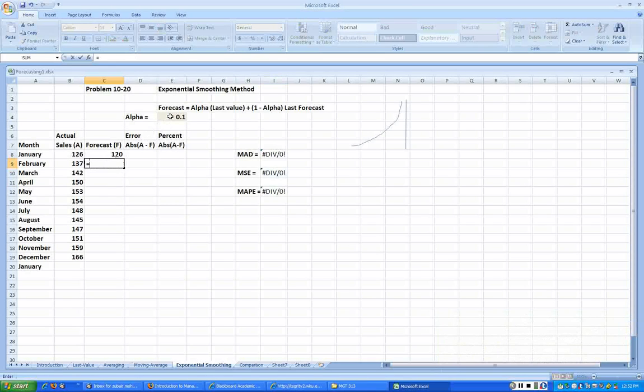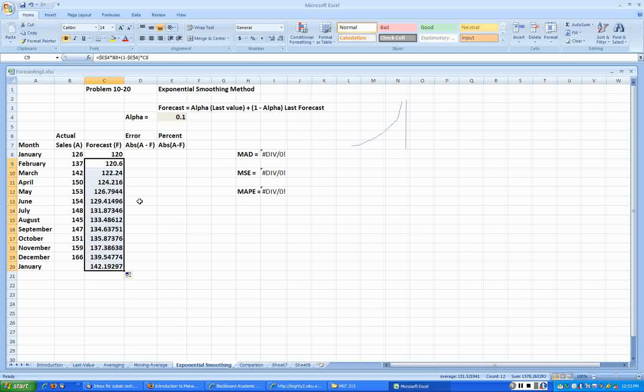Alpha is a constant, so I'm going to precede it with dollar signs, because it is constant, times the previous value, that's actual sales for the previous period, plus 1 minus alpha, and again alpha is constant for all, so fix this position, times the forecast for the previous period, which is that. Okay, that's the formula.